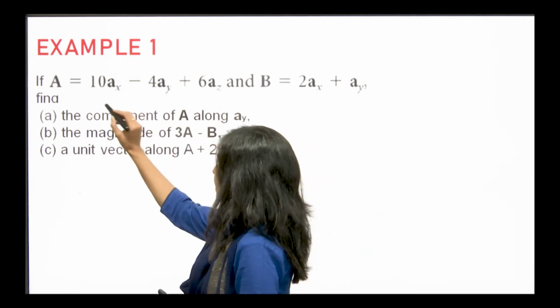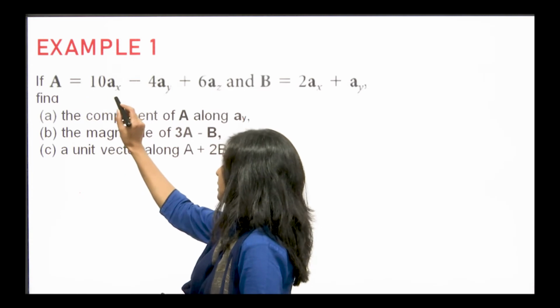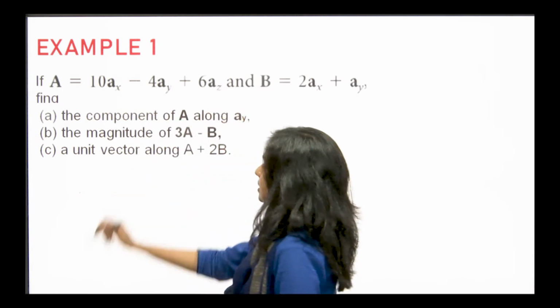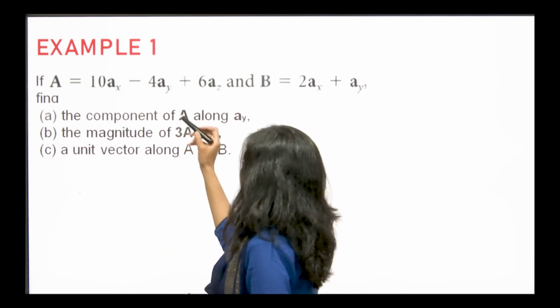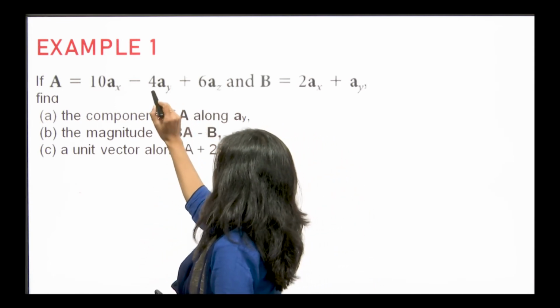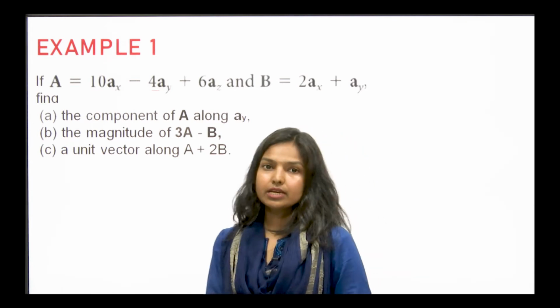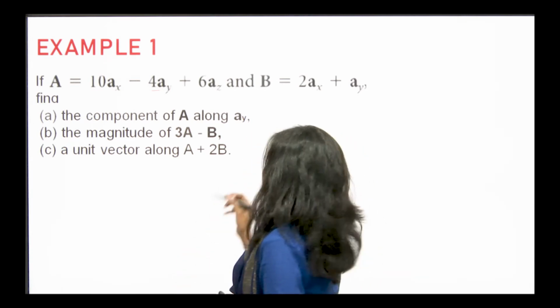We have to analyze the vector A. Vector A is 10ax minus 4ay plus 6az. As we can see, the coefficient of ay is 4, it means that the component of A along ay is simply 4. The answer is 4.